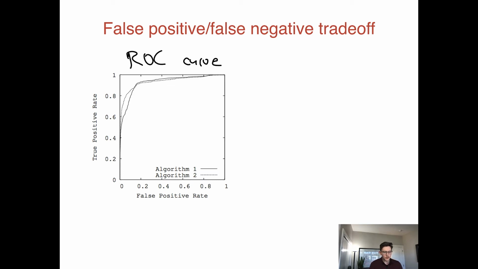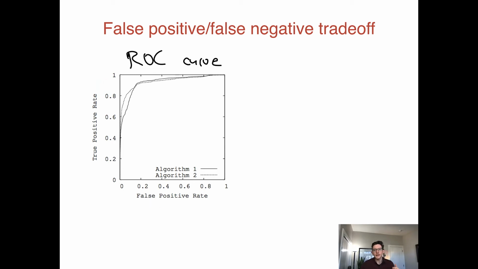Now, it's important to look at this whole curve because we might be choosing between different algorithms that have different characteristics. For example, in this case, algorithm 2 is able to achieve a reasonably high true positive rate with an extremely low false positive rate, where algorithm 1 can get a higher true positive rate, but only when we allow a moderate false positive rate.